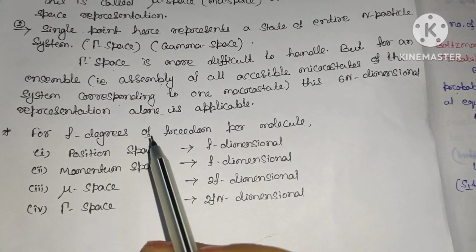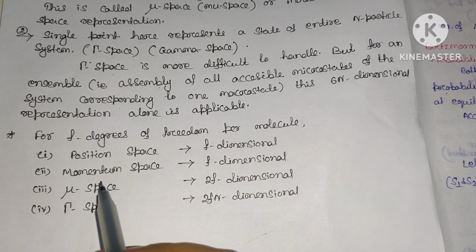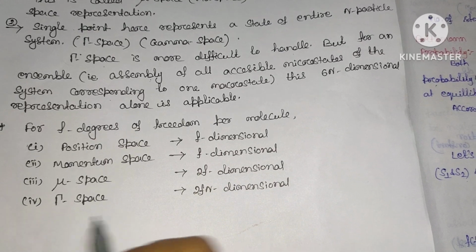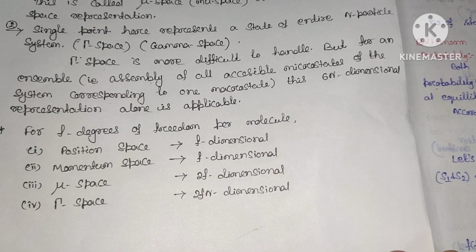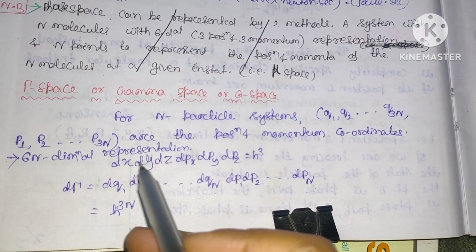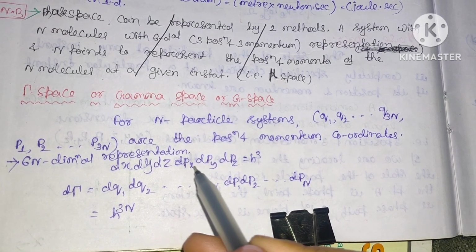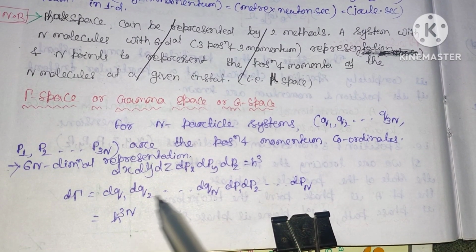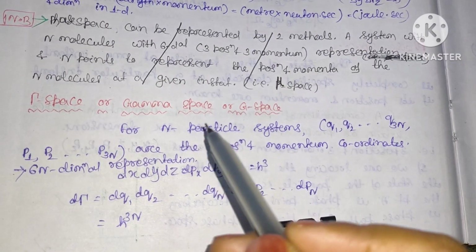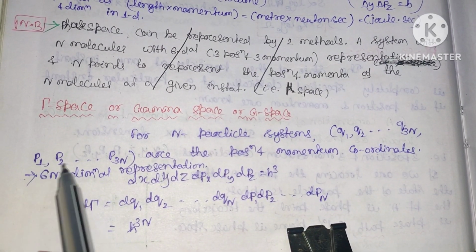So we can say that for f degrees of freedom per molecule, the position space will be f dimensional, momentum space will be f dimensional, the mu space will be 2f dimensional, and gamma space will be 2fn dimensional. Okay. So in gamma space or G space, in the 6-dimensional representation we can write dx dy dz as dq and dpx dpy dpz as dp. Similarly, for n number of particles, we define q1, q2, and so on up to q3n, and p1, p2, and so on up to p3n.